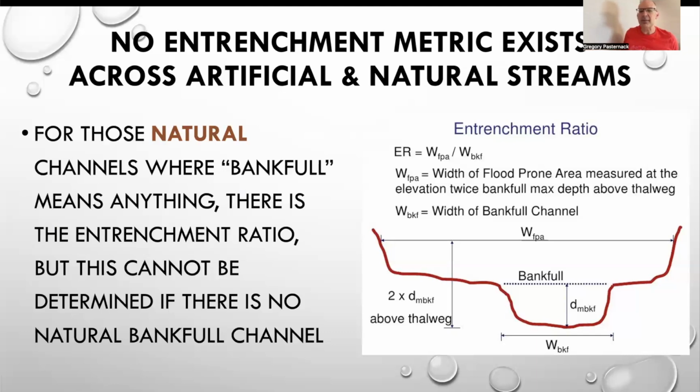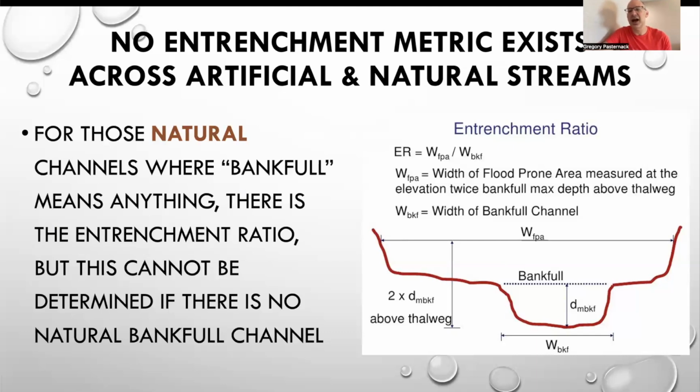The other problem with this ratio is it doesn't distinguish between confinement and entrenchment. This is not the entrenchment ratio. This is the entrenchment and confinement ratio, because what is the thing that's out here? If you have a confined river and you can somehow determine some sort of bankfull, but you're hitting the valley walls, you are not measuring entrenchment, in my opinion.